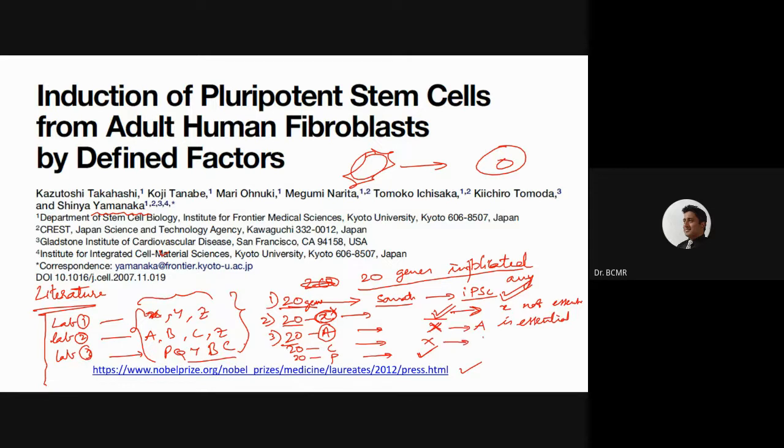Similarly, C is also essential, because if you don't have C, there is no pluripotency, although the remaining are present. So C is essential. And P, even though P is eliminated, pluripotency is happening, so P is not essential. That is how they worked out the combination of genes required for pluripotency to happen.